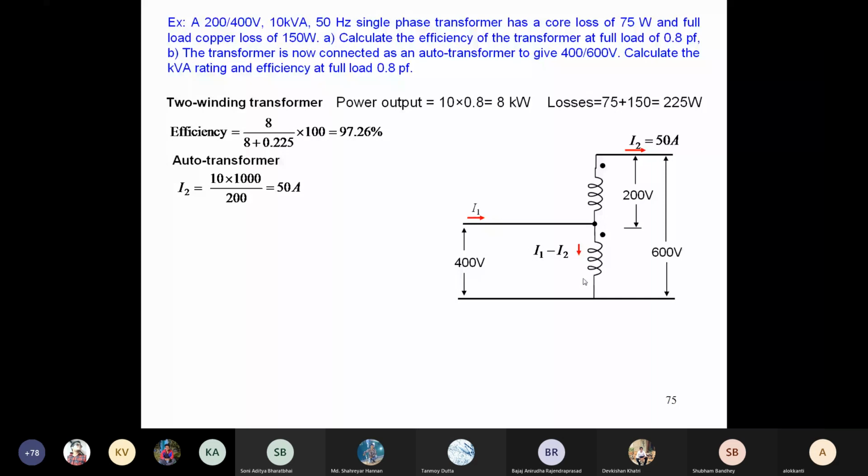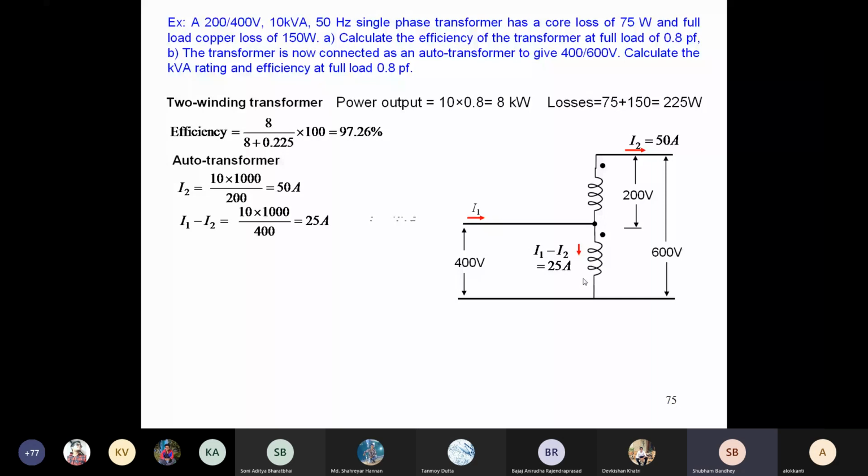So first find I1 minus I2, following the same approach: 10 kVA divided by 400 is 25, so I1 minus I2 equals 25 ampere. Now you can find I1: I1 equals 75 ampere.